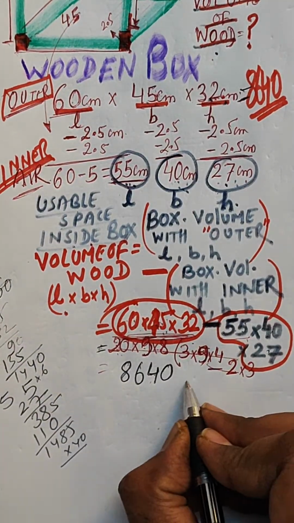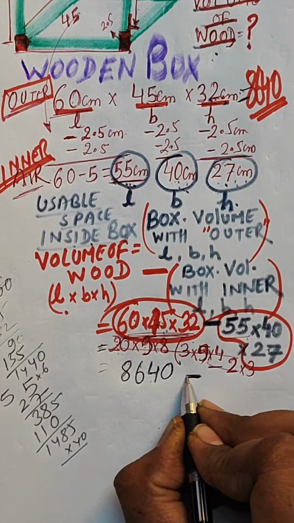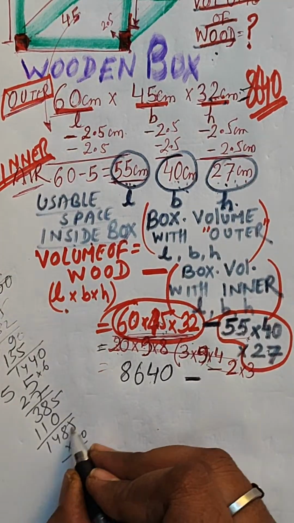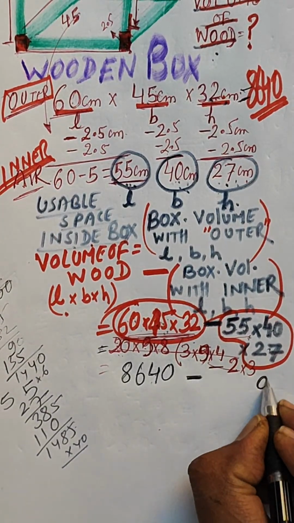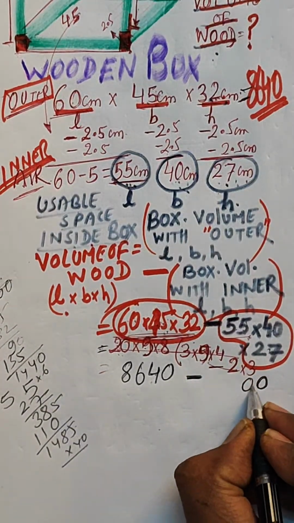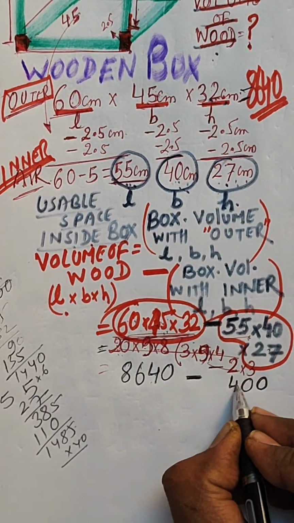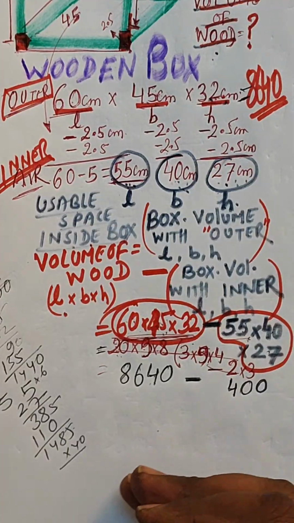So when you subtract the inner volume from the outer volume, the inner volume is coming as 1485 into 40. So 0 will be as it is, 4 5s are 20, carry 2, 32 plus 2, 34, carry 3.